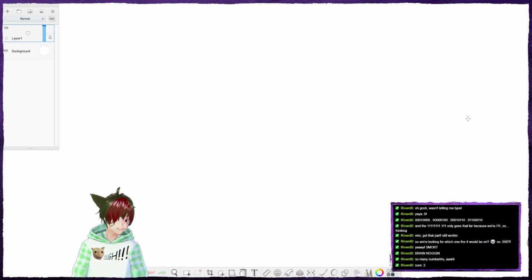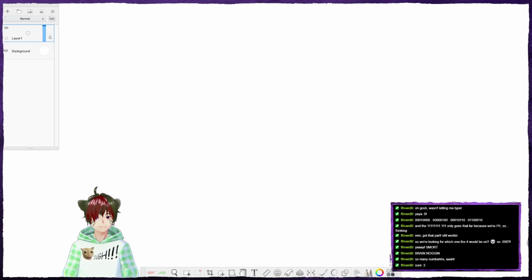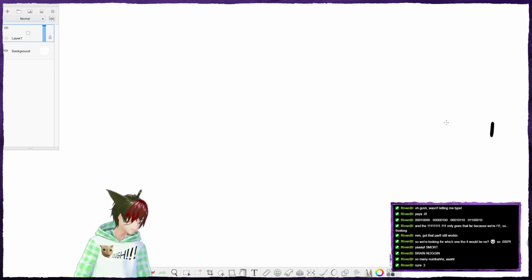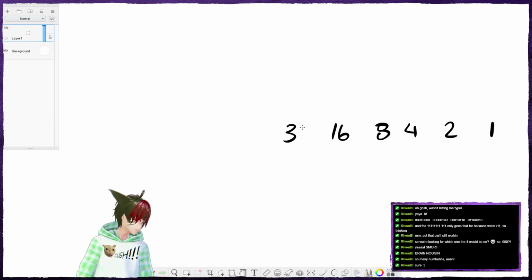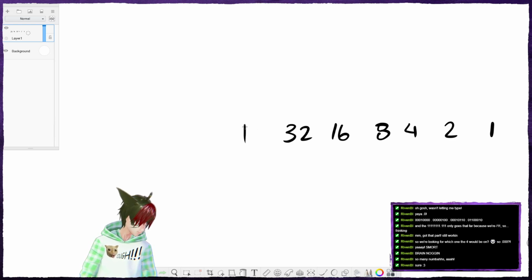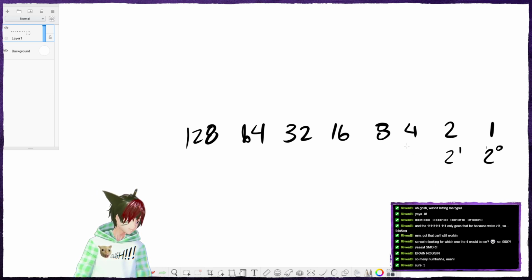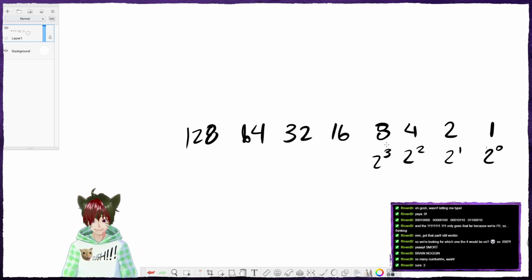If you remember our chart, right? 2, 4, 8. Let's build it up again. 32, 64, 128. So essentially this is just 2 to the 0 power, 2 to the 1, 2 to the 2, 2 to the 3, etc., right?